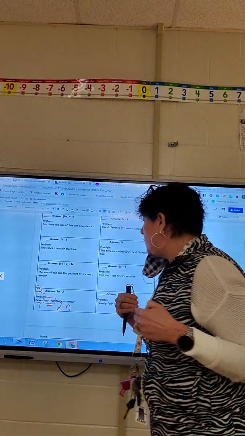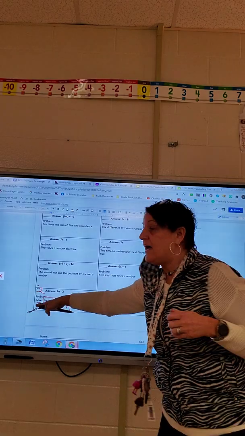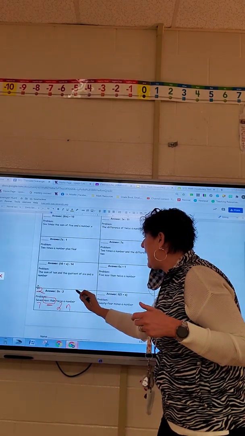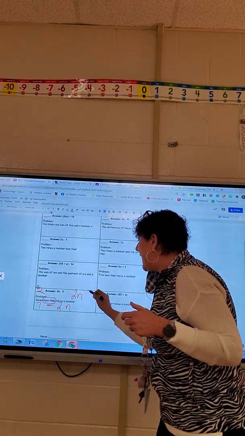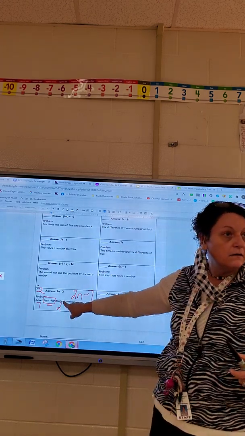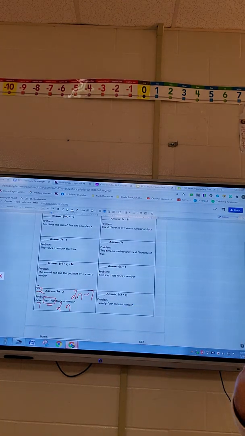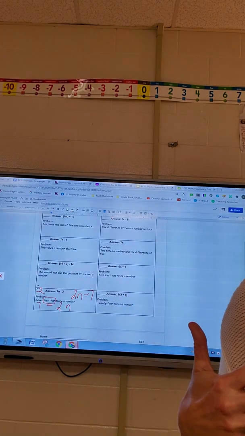So that's not right. It's going to be 2n minus 7. That is 7 less than twice the number. You got to have twice the number before you can take 7 away from it. Does that make sense?